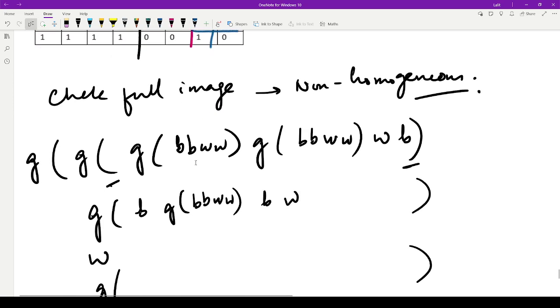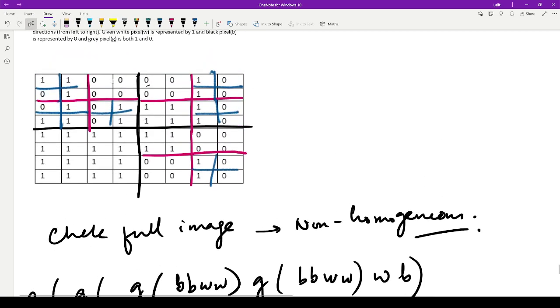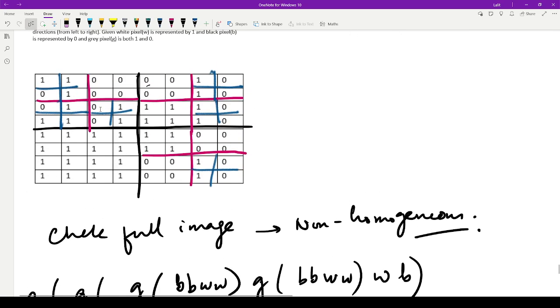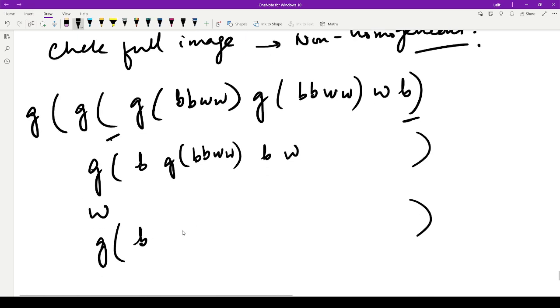The northeast part is white, so we'll write white here. Oh, sorry, it's black. What about this? We divided it, so we'll write a G, and then inside G it will be white, white, black, black.